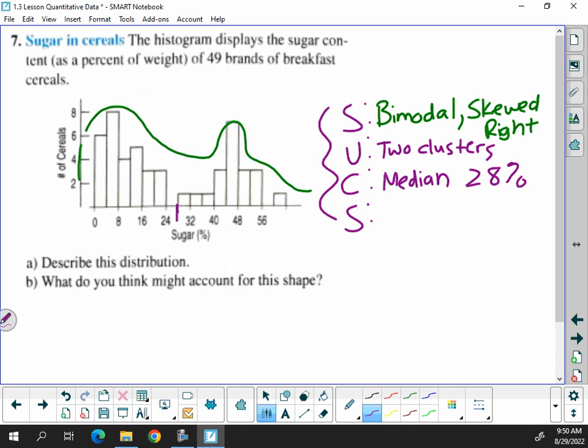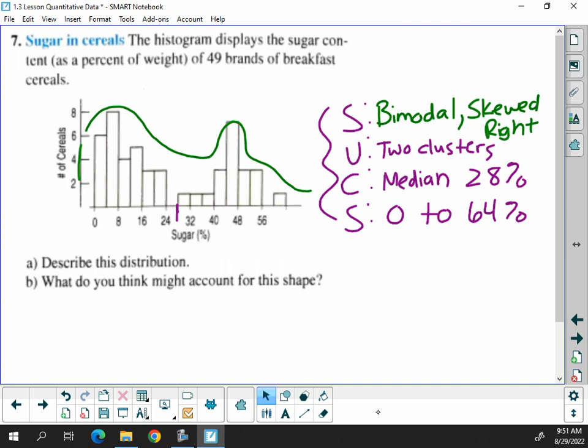Since we haven't really talked about the interquartile range, we can say that the sugar percentage ranges from 0 to about 64%. And you would write this in a paragraph. I know I'm not showing a great example, but I'm trying not to hold you up too much on this video.